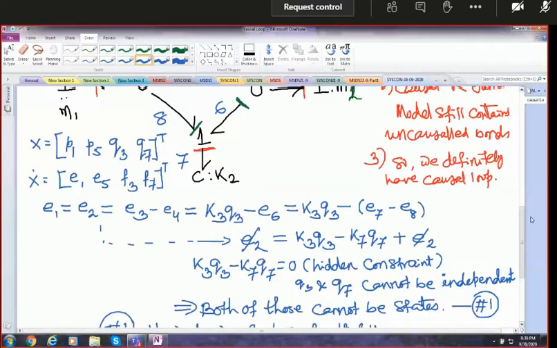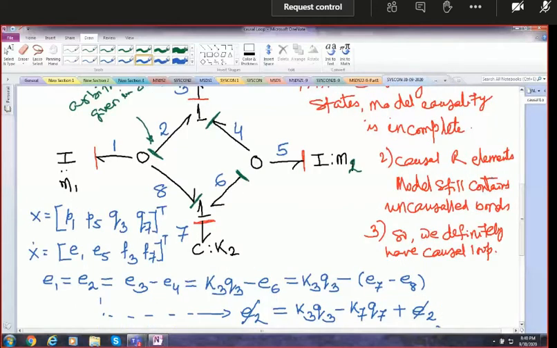F6 comes from another zero junction. So there 6 is the strong bond. All power directions are opposite to that of 6. So we will have minus F4 minus F5.